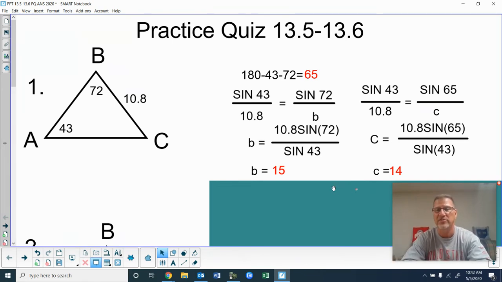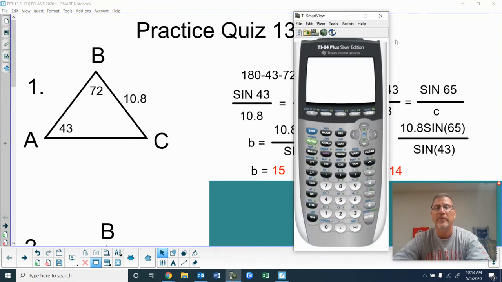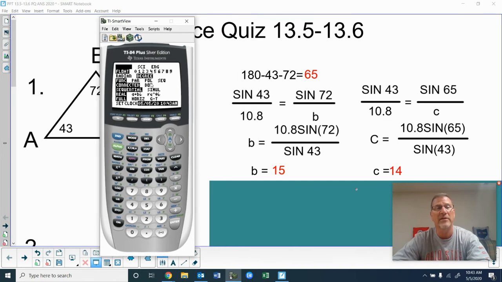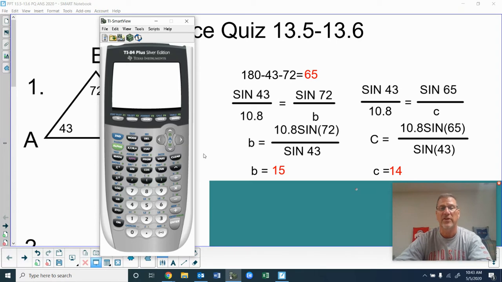That's what I asked you to do. But don't round until you get there. I'll just do this first one, the 10.8, to show you what it looks like. Make sure you're in degree mode. Just hit the mode button and make sure degree is highlighted. Mine is, so we're good to go.